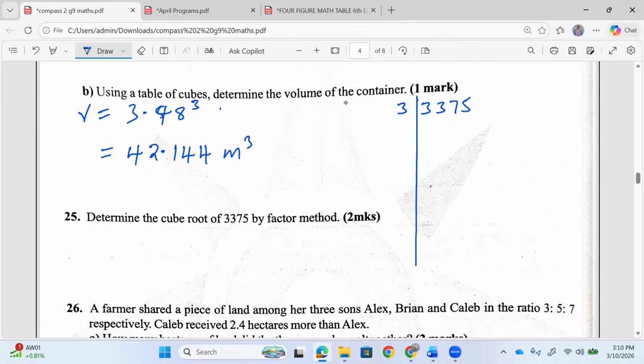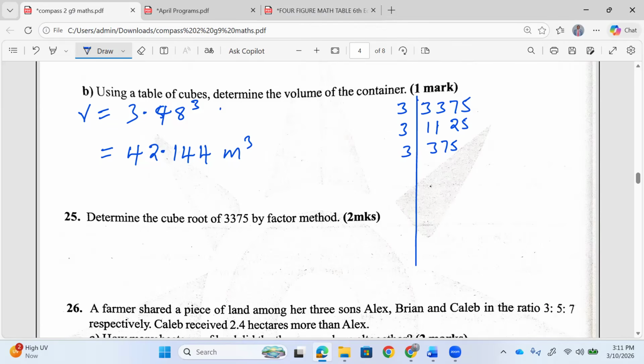You can see they are not even numbers. So 3375 over 3, we get 1125. Then we continue dividing. What about by 3 again? Divide by 3, I'm getting 375.